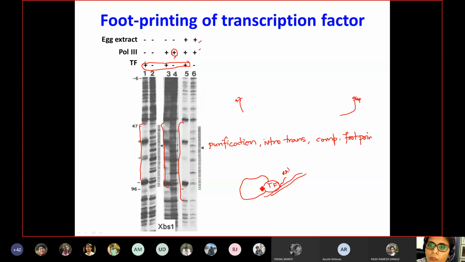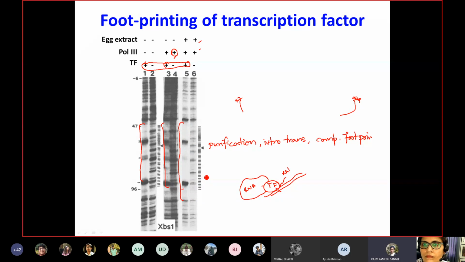So basically a protein-protein interaction will happen between the transcription factor and RNA polymerase, and there is a direct protein-DNA interaction with the transcription factor. So you have protection only when you have the transcription factor involved in the reaction mixture here.